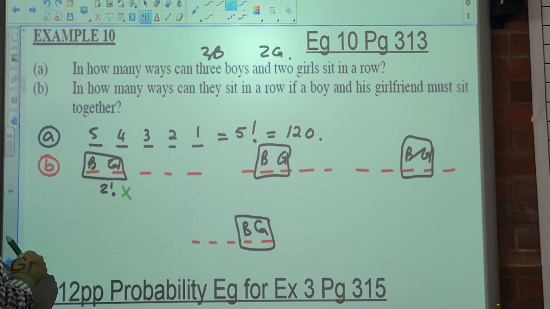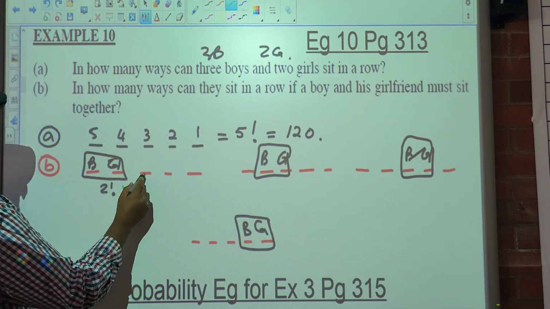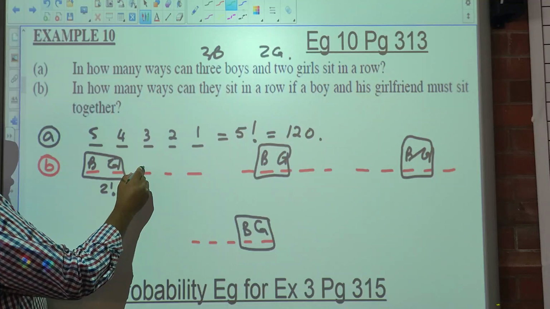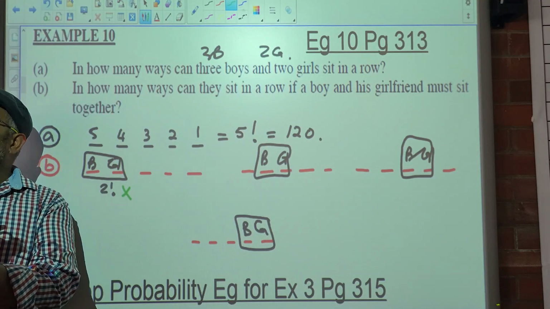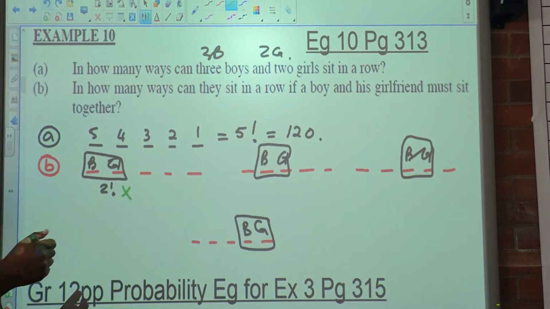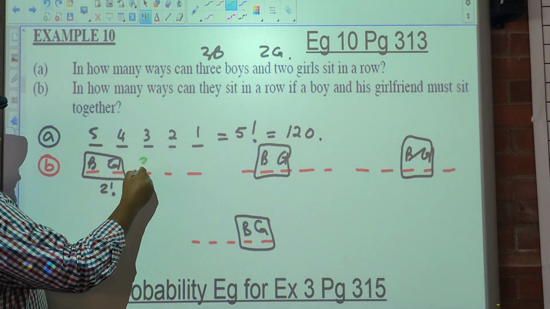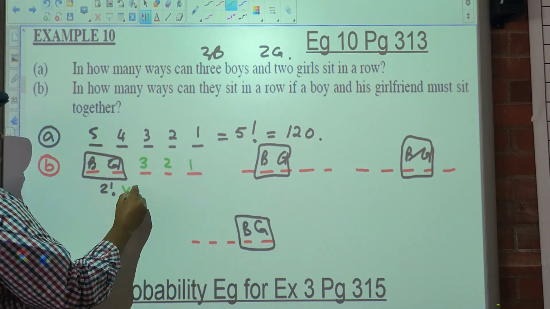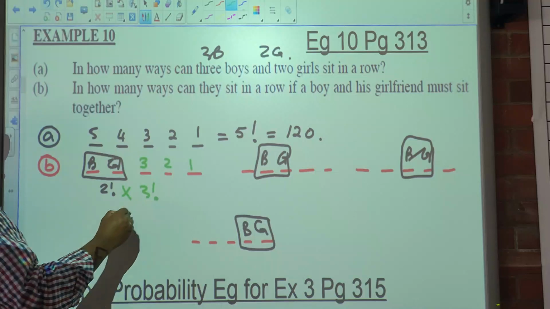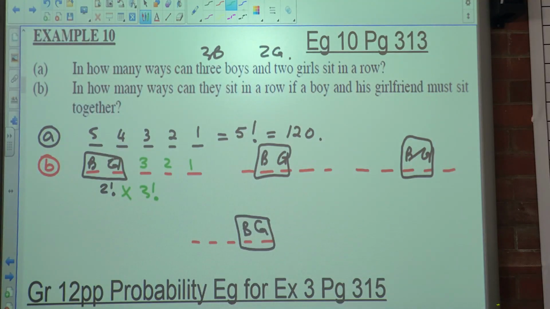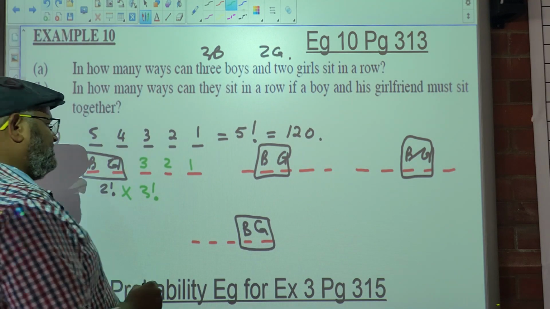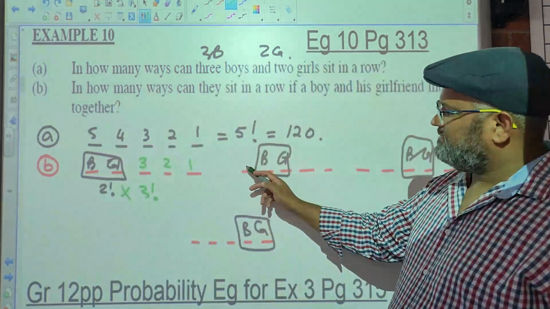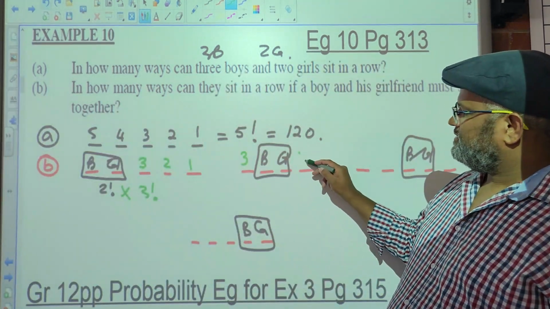How many options do I have here for the third seat? Okay, if the boy and the girl are out, how many people are left? 3. So how many options do I have here? 3. Then, so this is 3 factorial. Now how many options do I have here? 3, 2, 1.